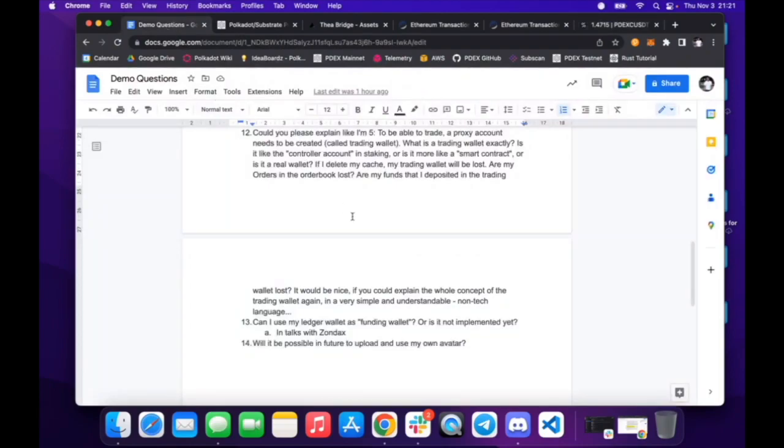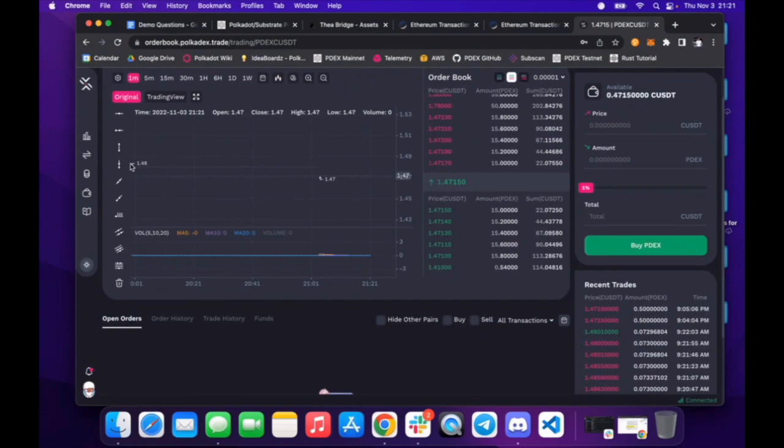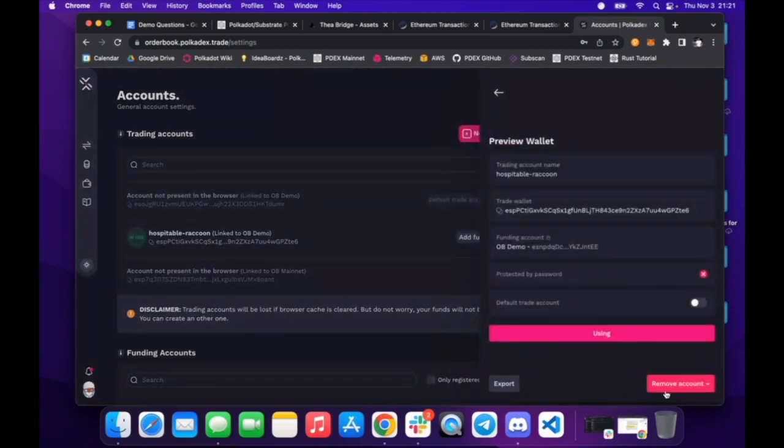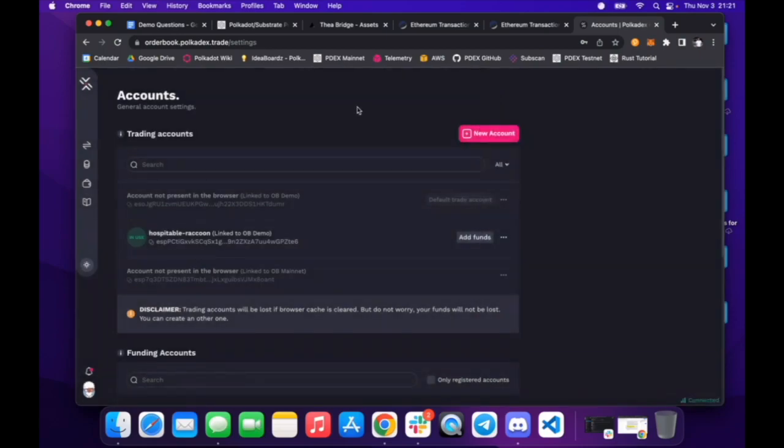If you delete your cache or if you lose your trading wallet before the order could be matched, what you can do is go to your accounts tab and remove that trading account from the blockchain. Just remove the trading account from the blockchain and it will automatically cancel all the orders that are linked to it. But let's say you lost your trading account and then the order got matched, which is the second scenario.